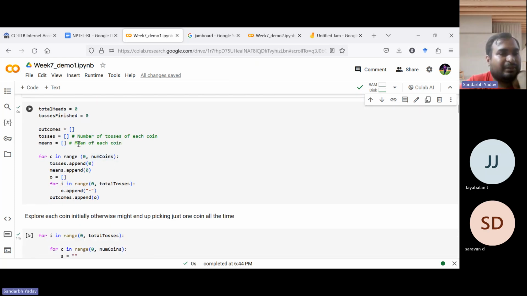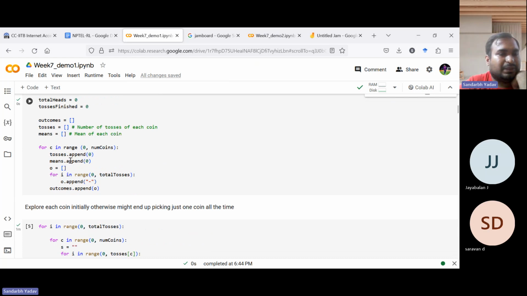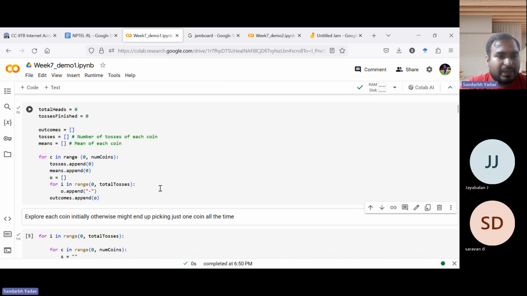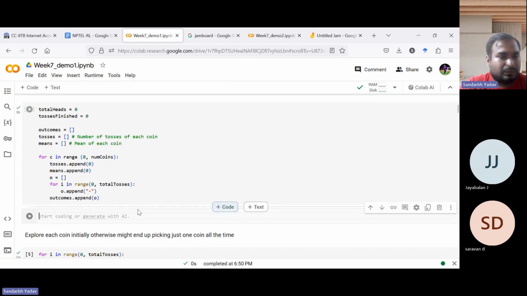Initially I haven't mentioned explicitly that it's a three element array, but eventually when we do it, you'll see it will come out as a three-element array. So here we are initializing these. Let's run this. Maybe I'll show you also. So you can see mean.